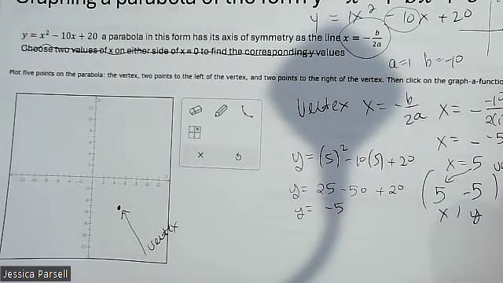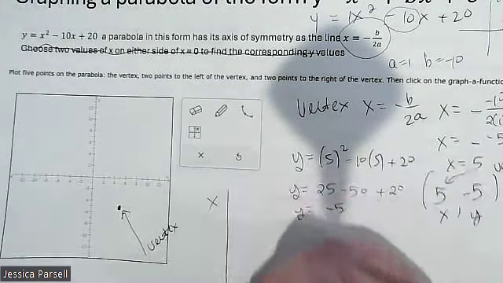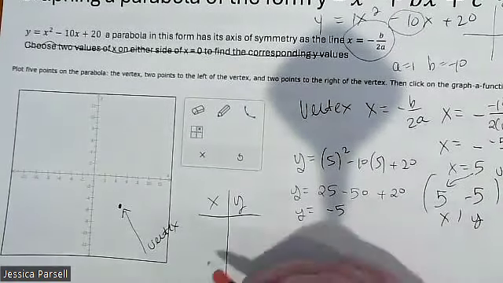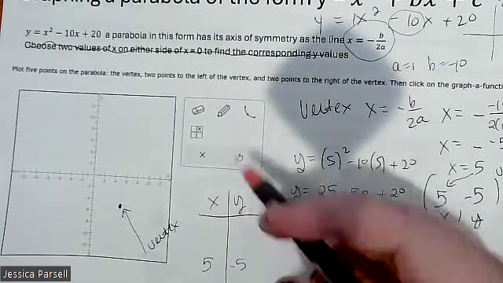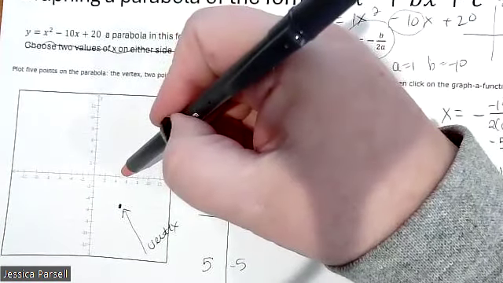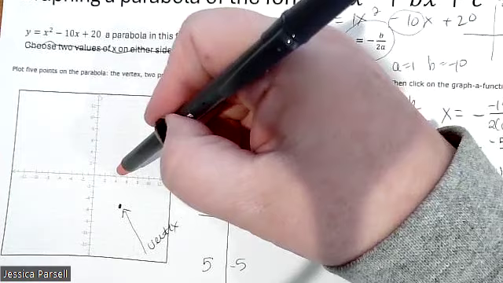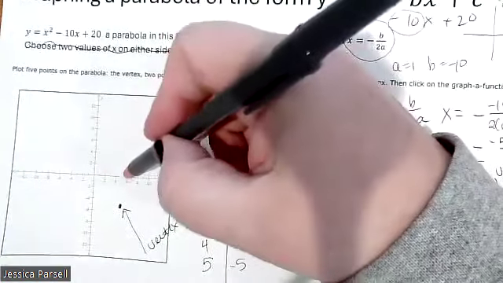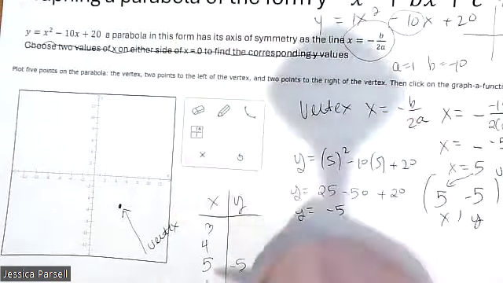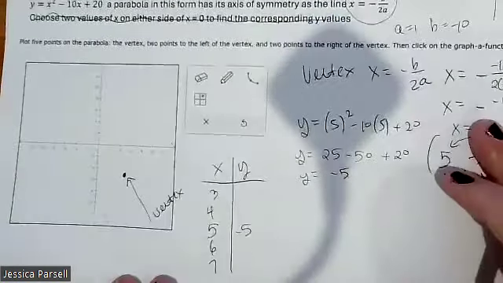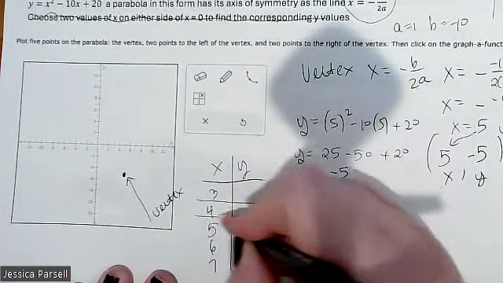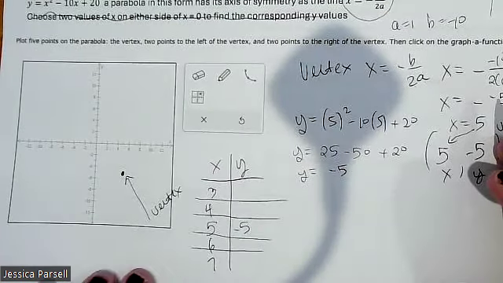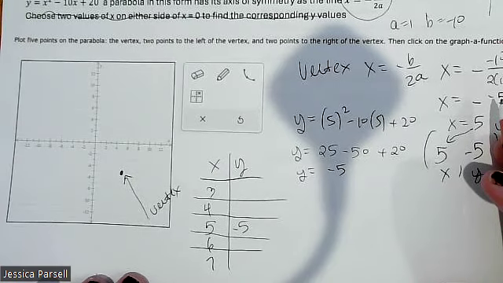Okay, now we have to pick some points. So let's make a chart. 2 points to the left and 2 points to the right. So if this is 5, negative 5, so here's 5 on the x. Let's ask for 4 and maybe 3 to go to the left. And if this is 5, let's ask for 6 and 7 on the right. Okay, I'm going to just draw this so it kind of separates things for me. All right, off we go.